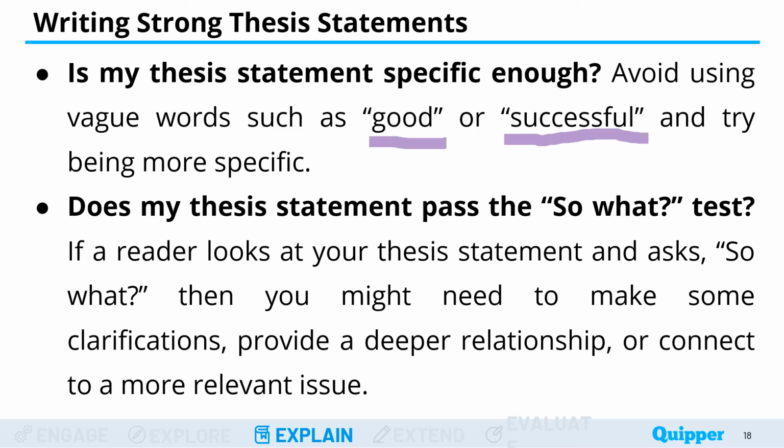So, what's the point of this paper? Okay, so those are the possible questions when you critique a paper and at the same time the thesis statement. If a reader looks at your thesis statement and asks, so what? Then you might need to make some clarification, provide a deeper relationship, or connect to a more relevant issue.